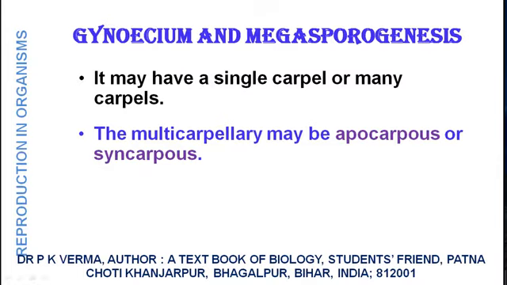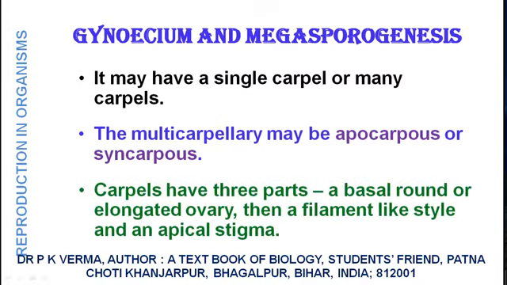In okra or the lady's finger, 5 carpels are there, so 5 locules or 5 chambers are there in the transverse section of the okra fruit. Now the carpel has 3 parts. The basal one is the ovary, the middle long filamentous one is the style, and the apical is the stigma.